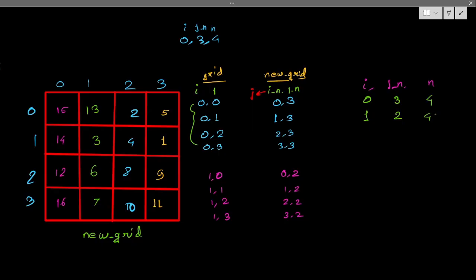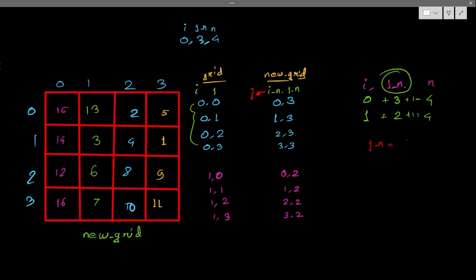If you look carefully, 0 plus 3 plus 1 equals 4. 1 plus 2 plus 1 equals 4. Same thing. So if I need j new, what will be the value of j new?